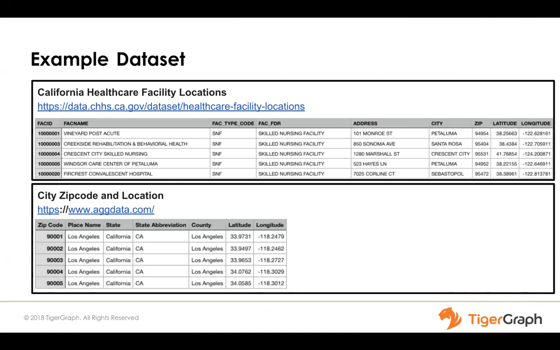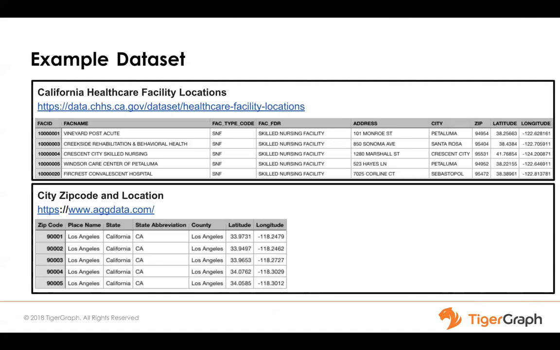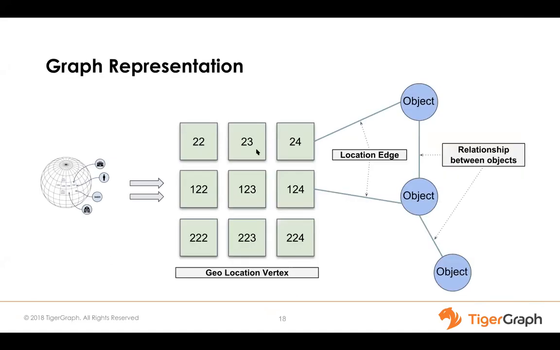Basically, it's the city names, the longitude, latitude, and the zip code. Based on all this given data, we created the graph schema like the picture on the left. In the graph schema we have GeoGrid on the right-hand side, in blue color. That is the one I mentioned. That one is actually the green vertex on the left here.